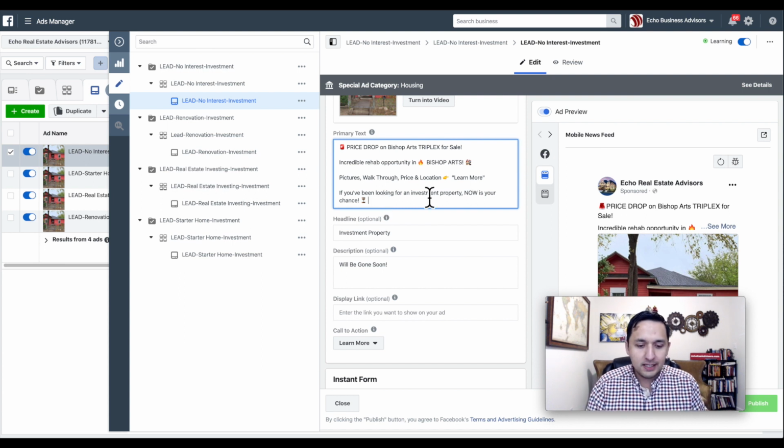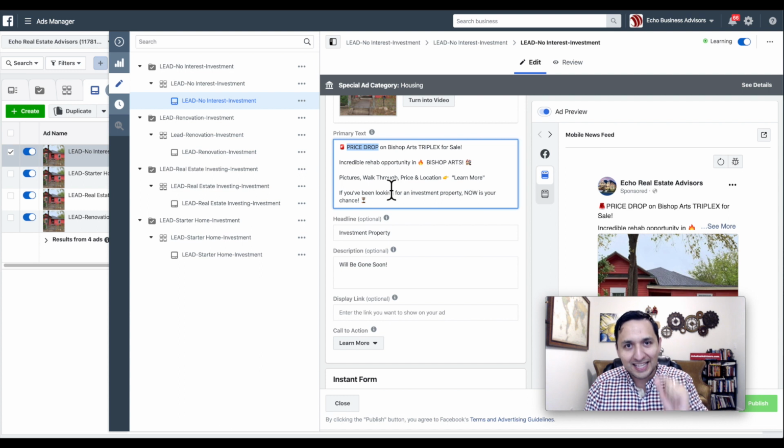As far as the ad copy goes, we enhanced it a little bit, and by that I mean this property was under contract already twice. The owner decided to drop the price just slightly, so we're able to call out that price drop, and that's the enhancement.